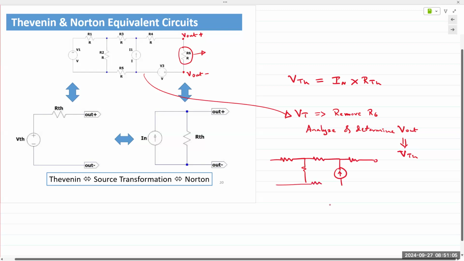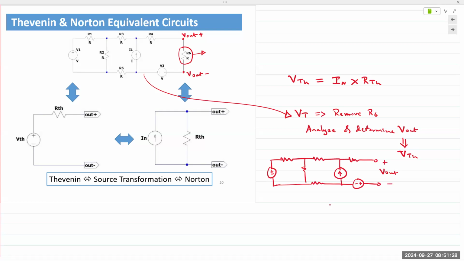And then R5, voltage source, and minus and plus. Did I get everything? 1, 2, 3, 4, 5, current source. Yep. And that's your V out. R6 is removed. And that V out is your Thevenin voltage. Okay. Let's see, 9 minutes left. What do you do for Thevenin resistance?